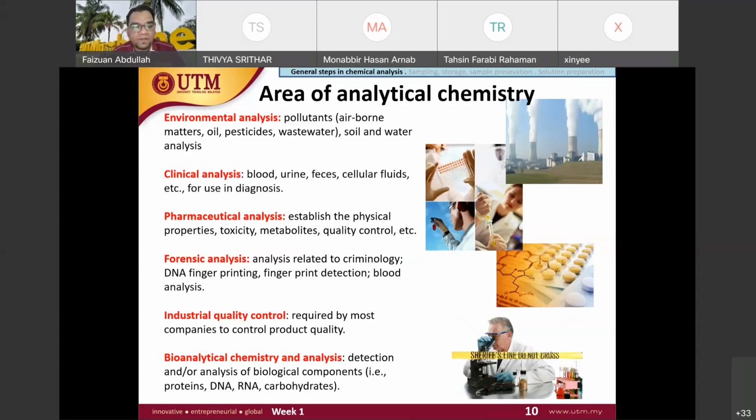And then we have pharmaceutical analysis: establishing the physical properties, toxicity, metabolites, quality control of the drug, all dealing with the drugs. In the pharmaceutical industry, we also use analytical chemistry methods.